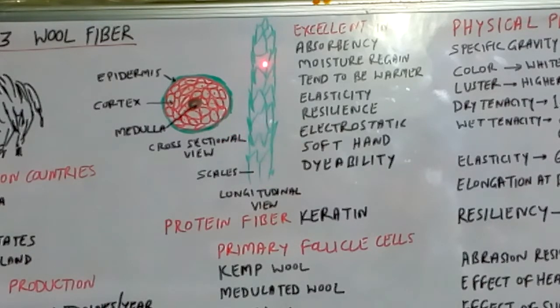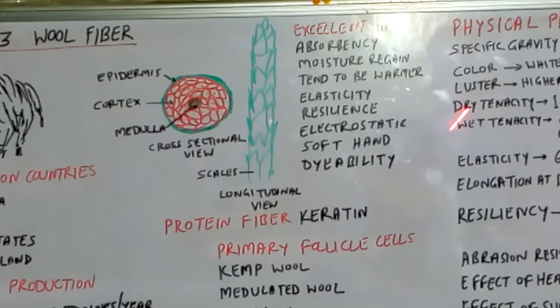Because the scale formation and the crimp existing in this fiber both give the fiber excellence in absorbency, moisture regain, warmth, elasticity, resiliency, electrostaticity, softness and durability.